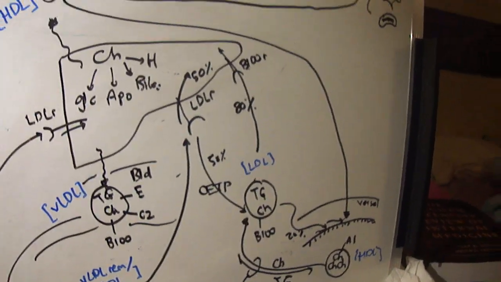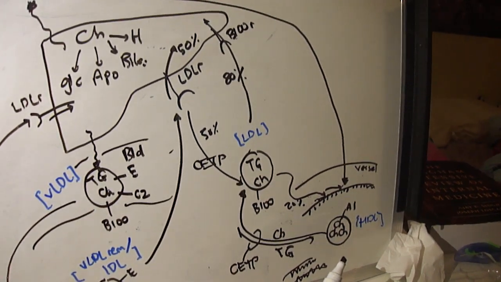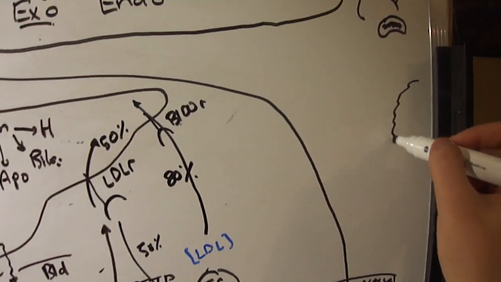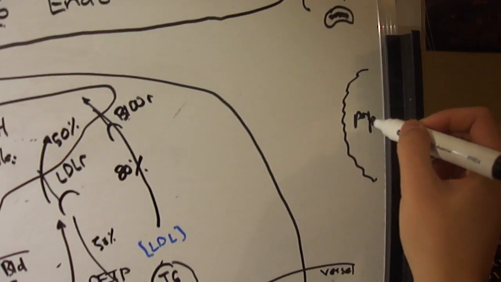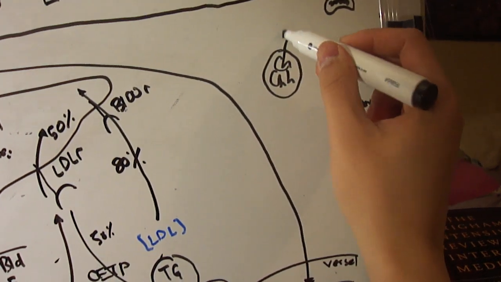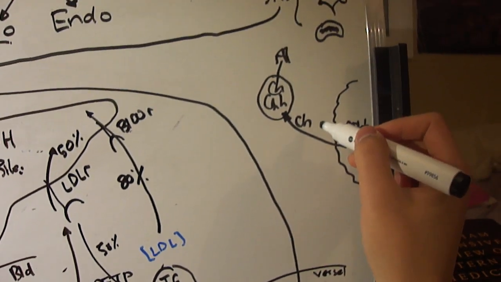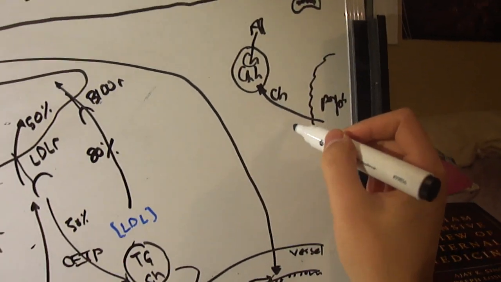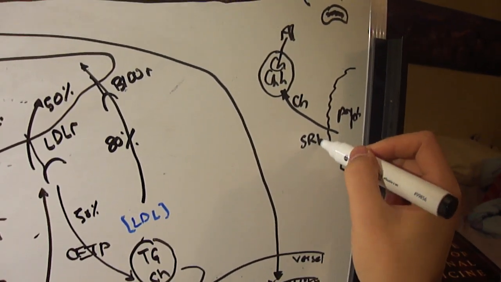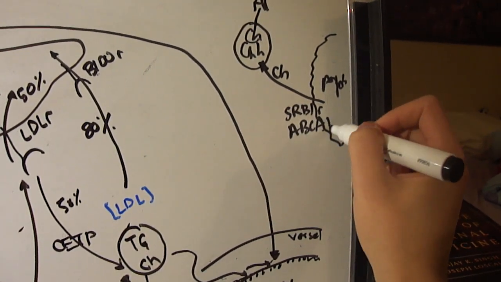Now, there is a third thing which can happen to an HDL, and what happens there is that the periphery, so the peripheral tissues, can in fact give more cholesterol to the HDL. And this happens through SRB1 receptors again, as well as this ABCA1 receptor.